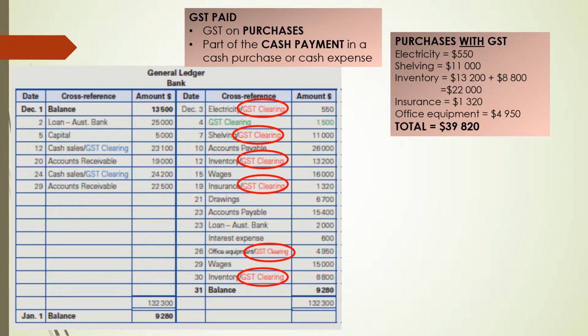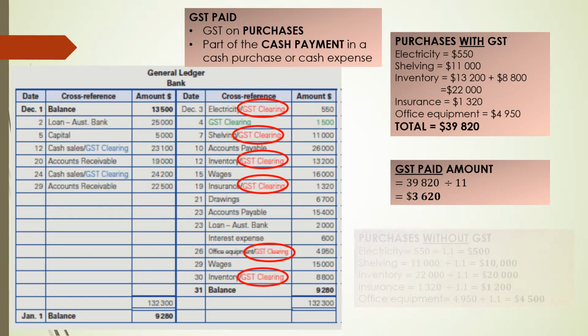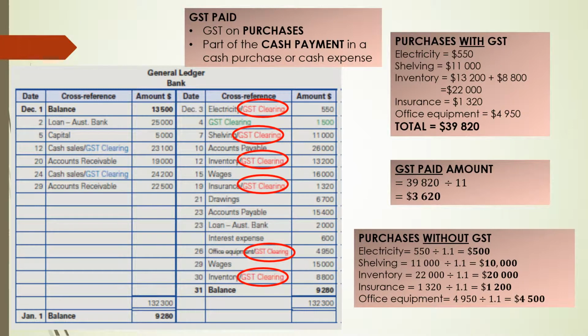Similarly, we would calculate the purchases with GST, and in this case, I've also separately categorized them depending on the transactions that have occurred. Then we calculate the GST paid amount, followed by the purchases without GST. In this case, I have basically taken the amounts with GST and divided them by 1.1 to give us the amounts without GST.